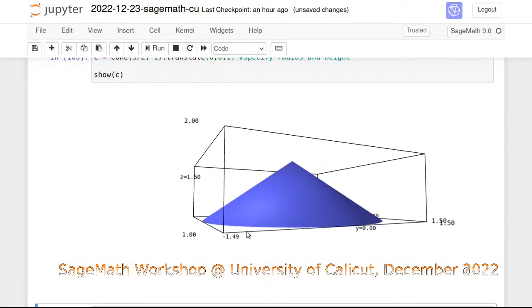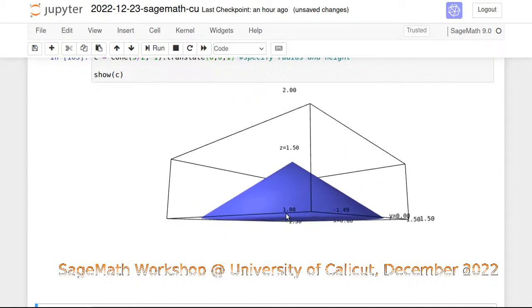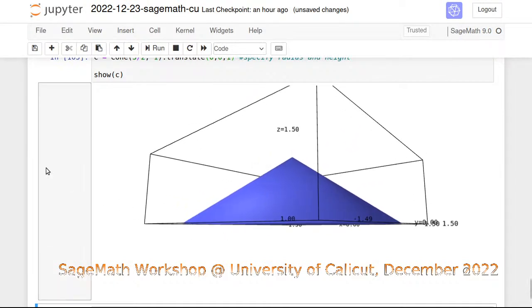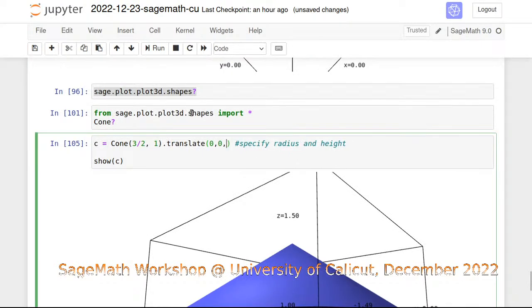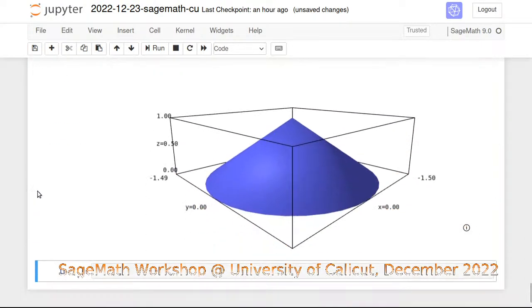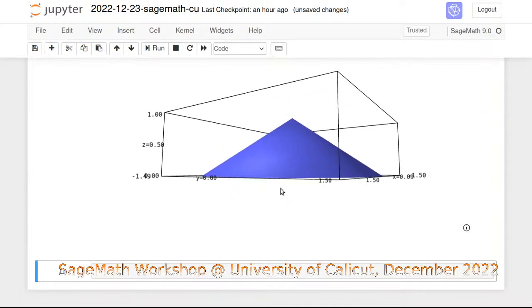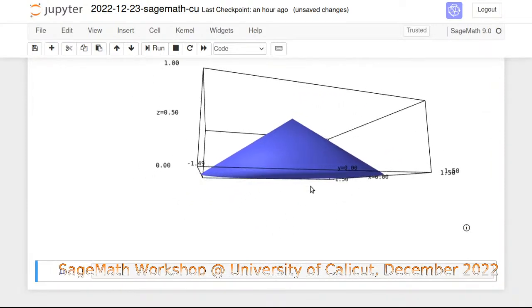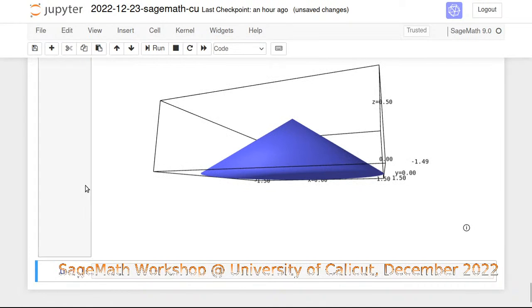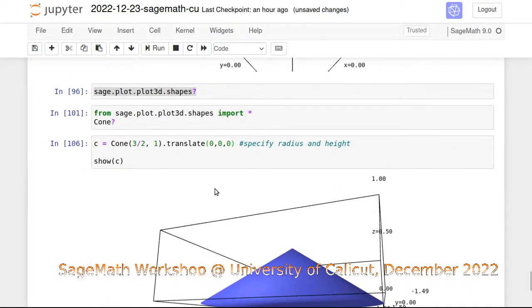So now the base is at which base? Z base is at 1 it seems. Now let us see if you do not translate it. Where is Z base? Z base is at 0. So simply, by translation what we mean is just lift it upward, lift it upward to this point in this direction.